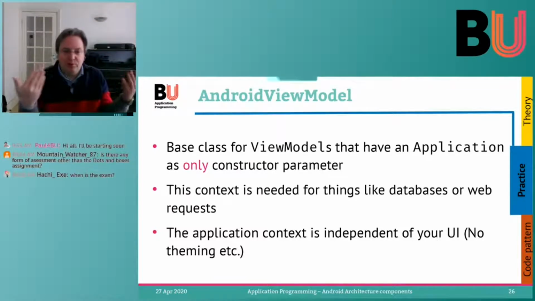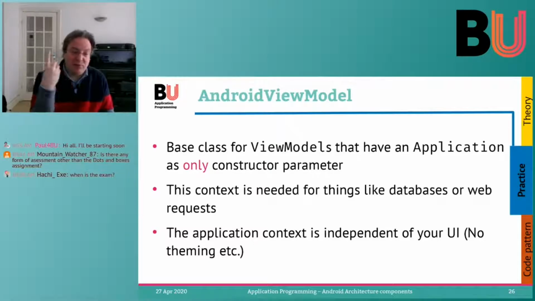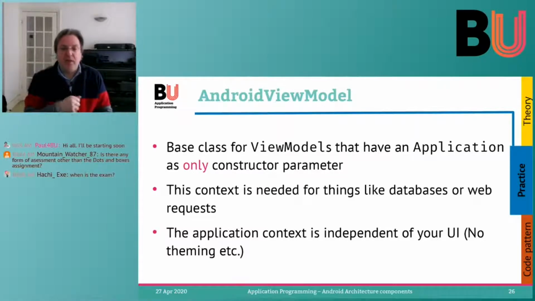It's just UI independent. But if you make a subclass of Android view model, you can have one that has one parameter, which is an application object. This will also be constructed for you by default.